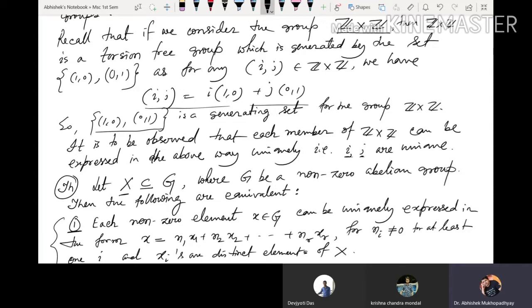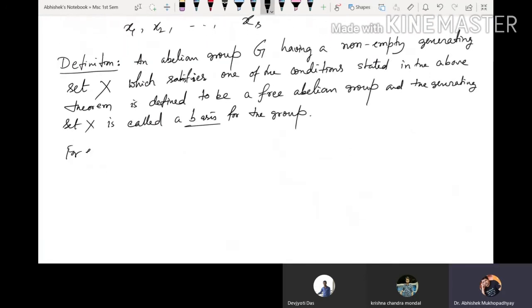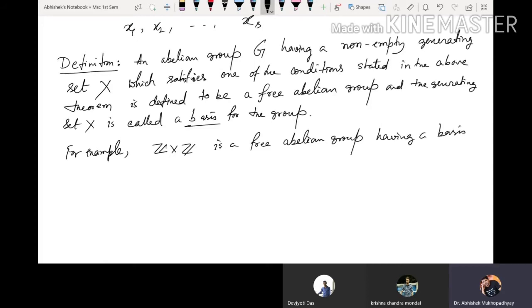For that reason, we can say that, for example, Z cross Z is a free abelian group having a basis (1,0), (0,1).